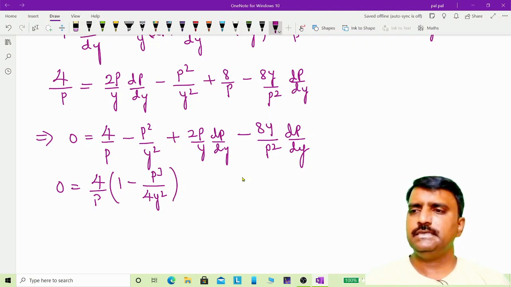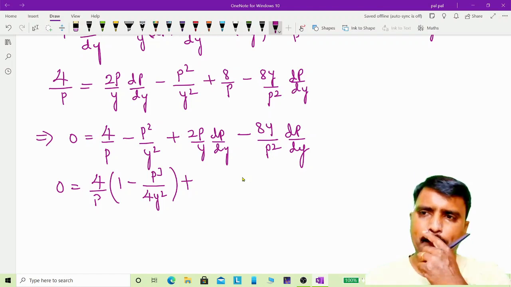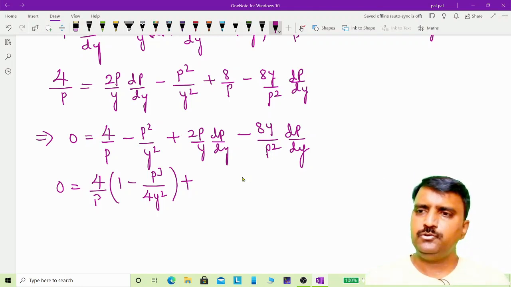Plus similarly here, you take 2p by y into dp by dy as a common factor.